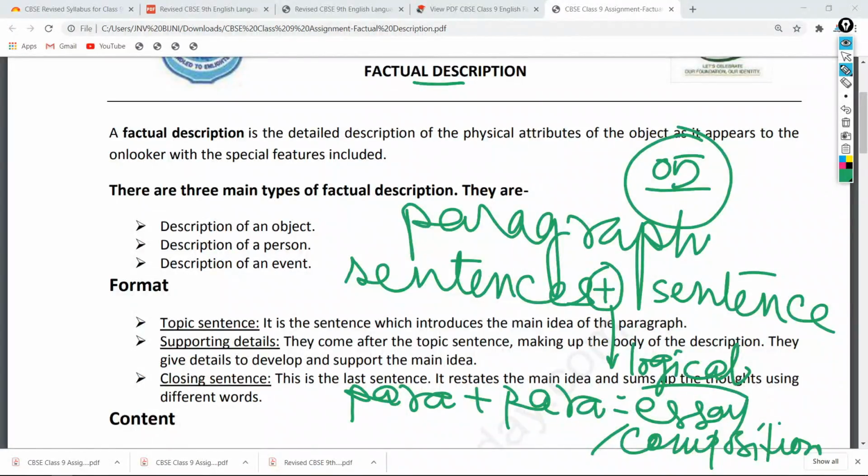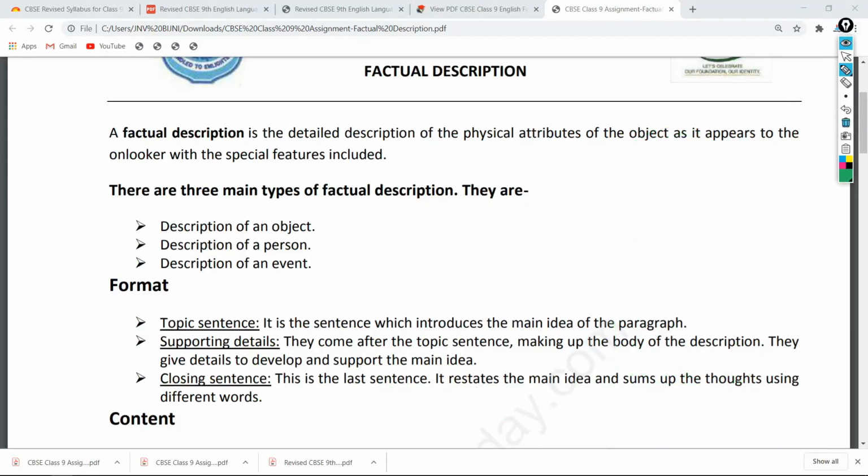We'll have to follow all this in order to make a beautiful paragraph describing fact, and for that there will be only 5 marks. So here we go, let us continue.